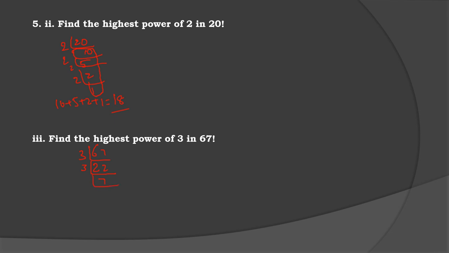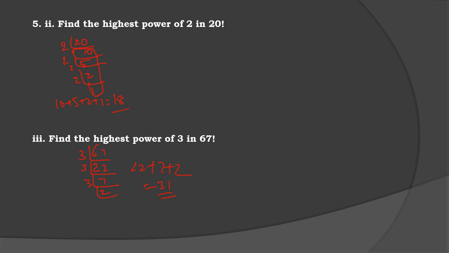In 7, again 3 goes how many times? 2 times. In 2, 3 cancels, no, so stop the process. Then add all quotient values: 22 plus 7 plus 2 equals 31. So the number of 3's equals 31.